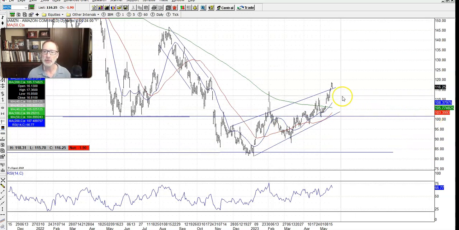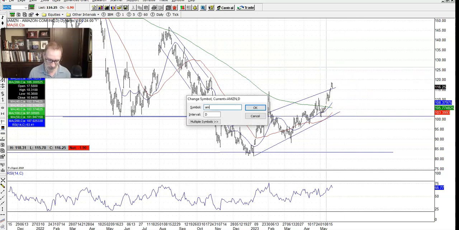If a stock's in an uptrend and it starts to pull back towards the bottom edge of the channel, that could be your high probability trade for the next bullish action. So a lot of times stocks will either fall to one of their moving average lines or to the bottom edge of the channel and then start to turn up again. And if and when it turns up again, that's your signal to get into a bullish trade.